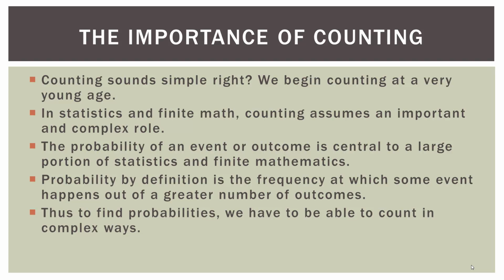So to figure out probabilities, you have to be able to count in more complex ways than we're used to. These problems can get very confusing and very complex, even though underneath, the sheer counting of them is not. We often deal with events that have numerous outcomes or a combination of outcomes, and we have to have the tools to count those things so we can find certain probabilities. That's why it's important in stats and finite math.